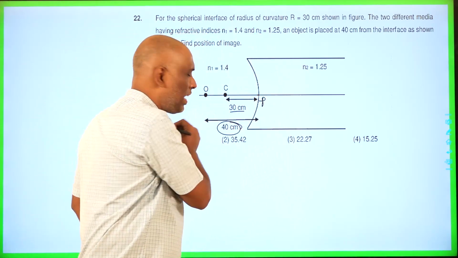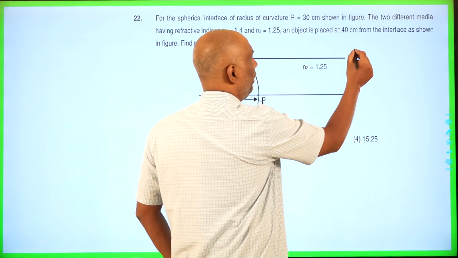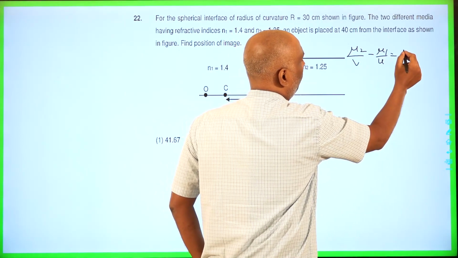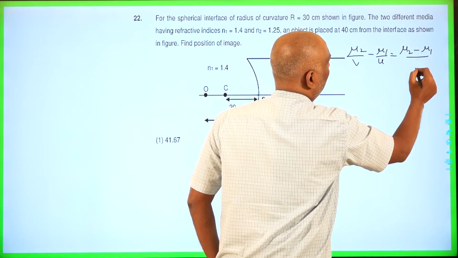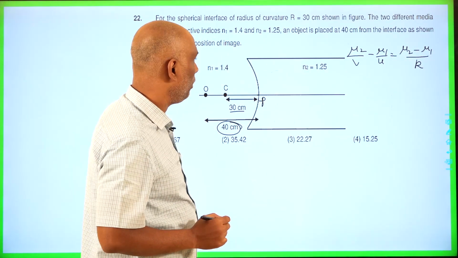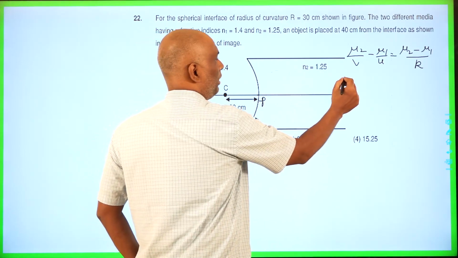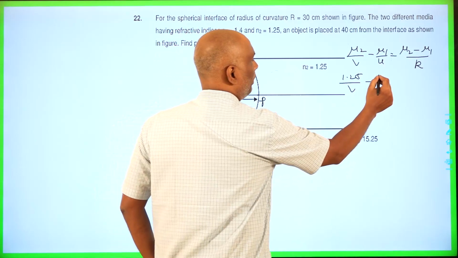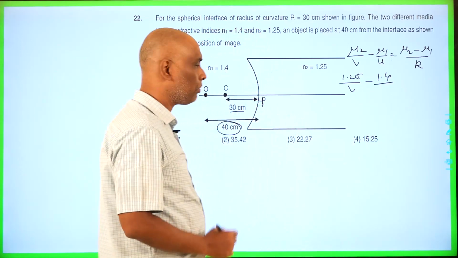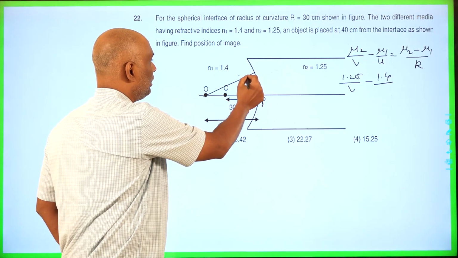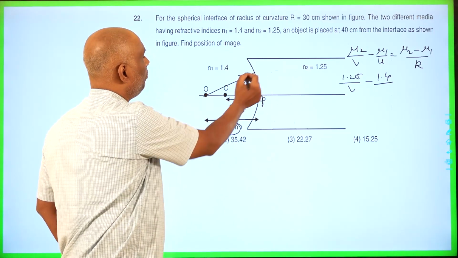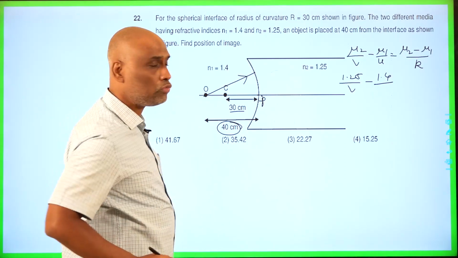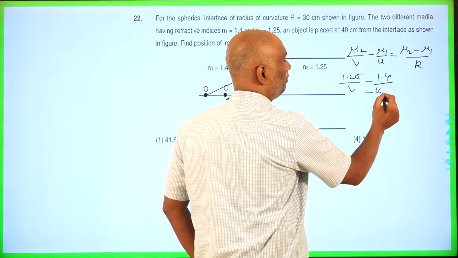As this is a spherical refracting surface, we are going to use the formula mu2 divided by V minus mu1 divided by U equal to mu2 minus mu1 divided by R. So, here mu2 is 1.25 divided by V minus mu1, 1.4 divided by U. The object distance is opposite to the direction of the incident ray, so it is minus 40.